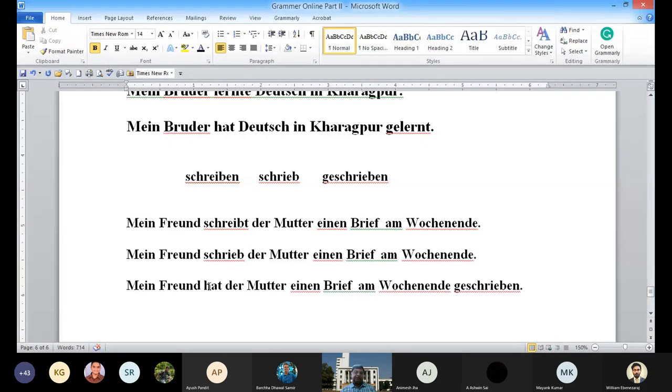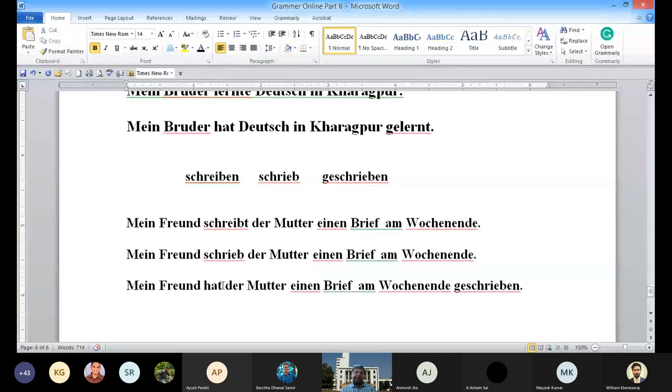Mein Freund hat, my friend has written a letter to mother in the weekend. So once you know the three forms, then simply you have to replace the verb. Schreibt will be replaced by schrieb, and in perfect tense it is always hat, because mein Freund requires hat.